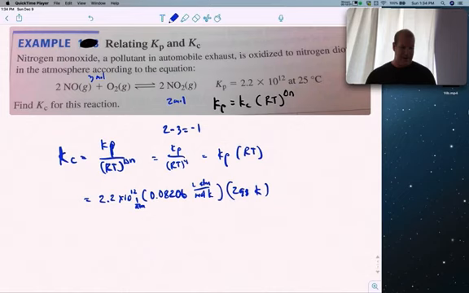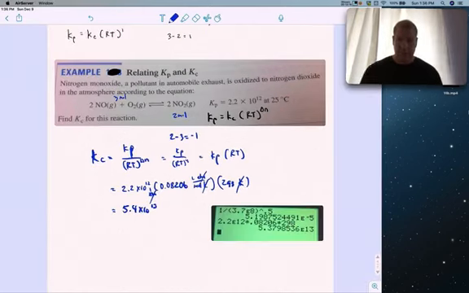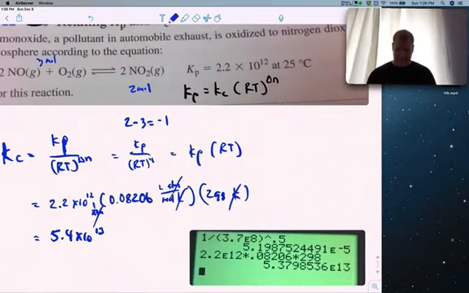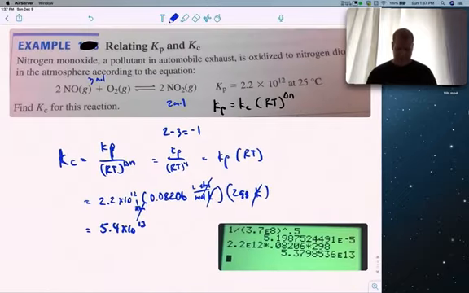And so the Kelvins cancel, the atmospheres cancel, and we're left with that. Let me pause it and calculate it out. Okay, so there is the calculator result, and you can see it's 5.4 times 10 to the 13 is the Kc for this reaction.